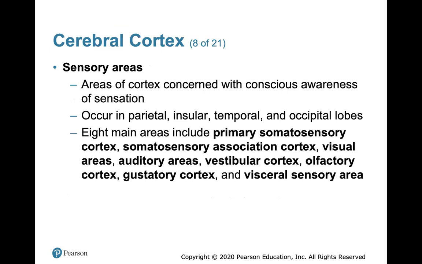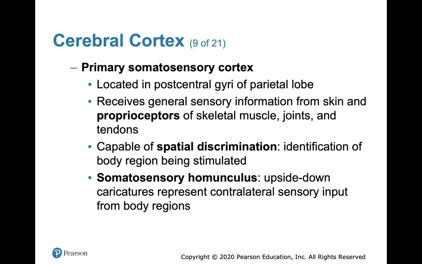So here then, the sensory areas. These are the areas of the cerebral cortex concerned with conscious awareness of sensation. You have 8 main areas that have to do with conscious awareness of sensation. The primary somatosensory cortex is located in the postcentral gyrus.